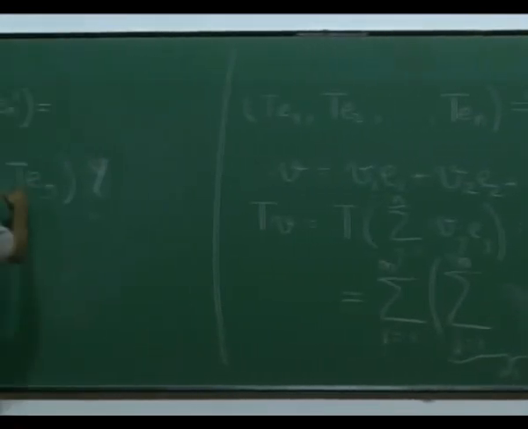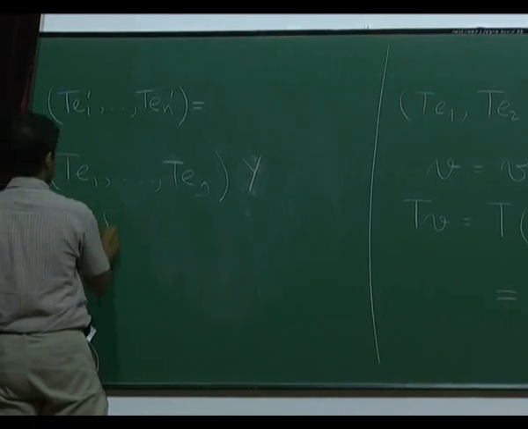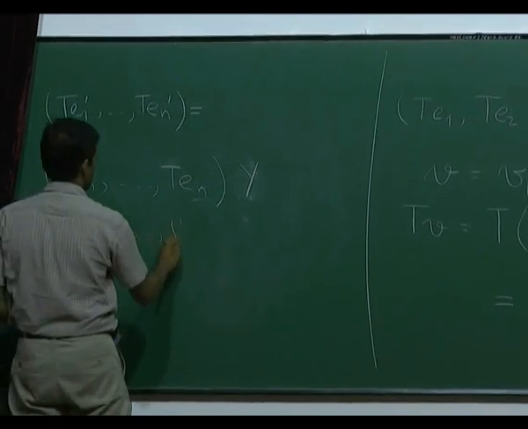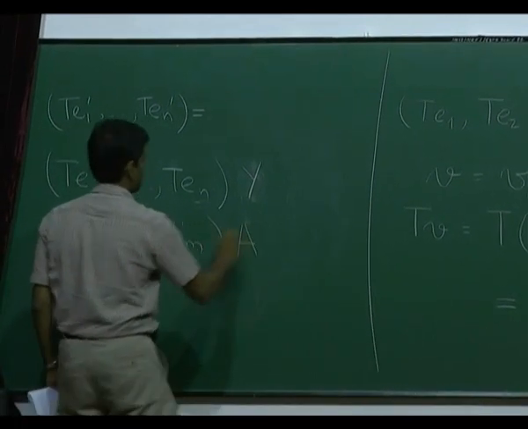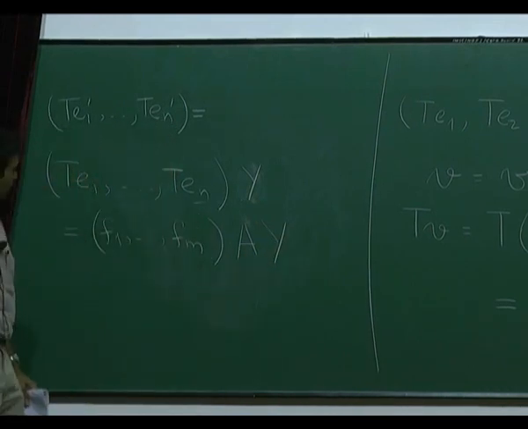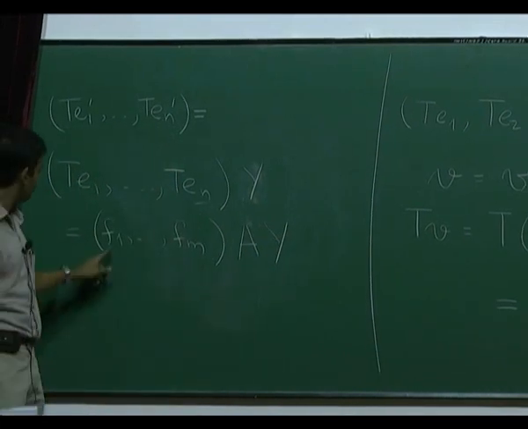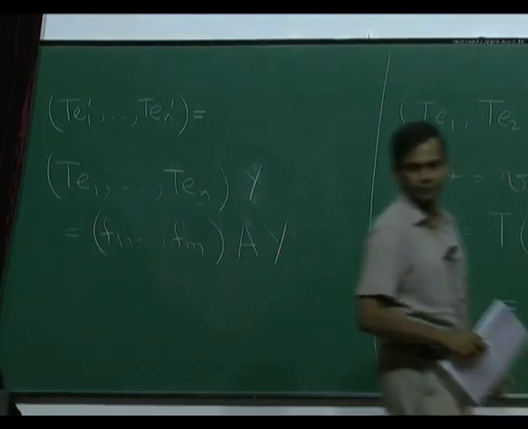Okay. But this we know from here, so that is F1 up to Fm times A, and I have this y here, right. And then this we know in terms of F1 prime, up to Fm prime.